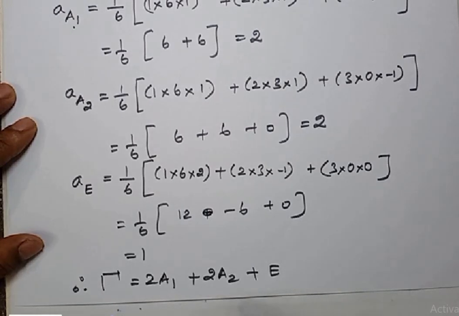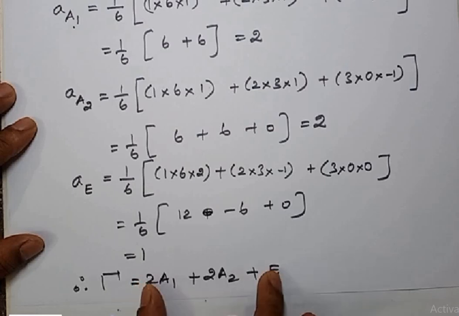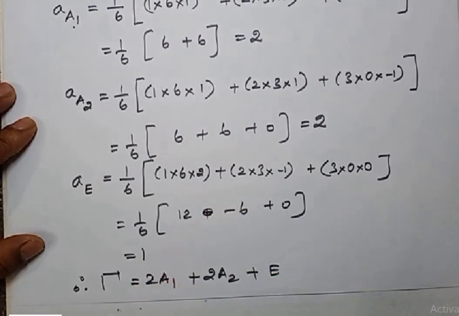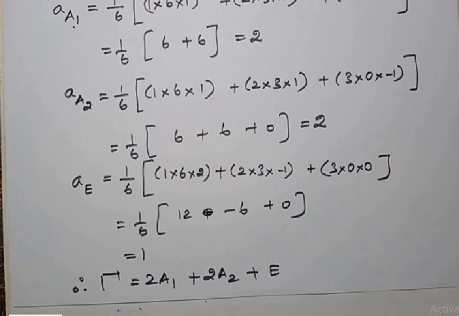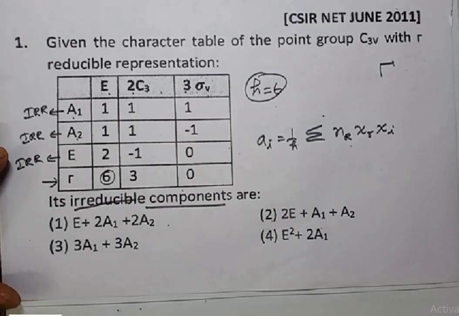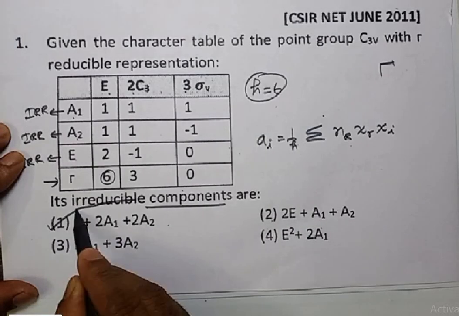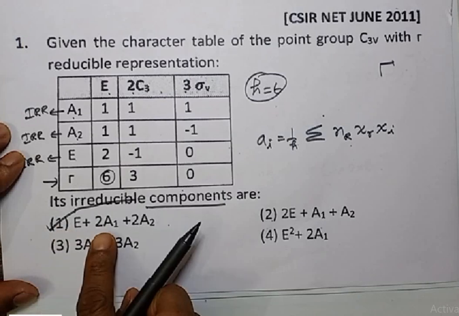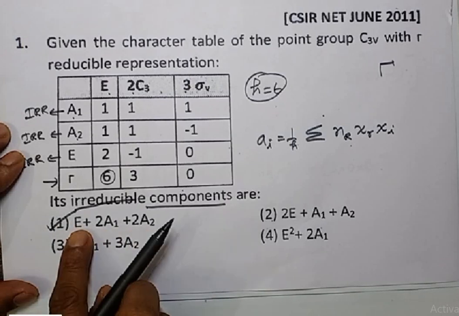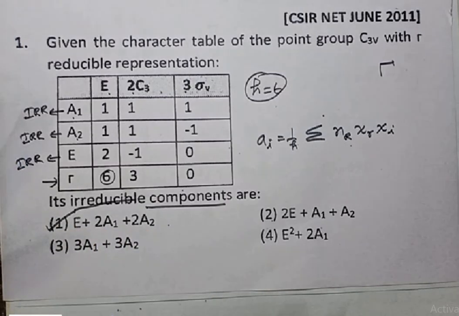These are the irreducible components present in the given reducible representation. So the correct option for this question is option A, option 1, which consists of 2A1, 2A2 and 1E. Right? Is this clear to all?